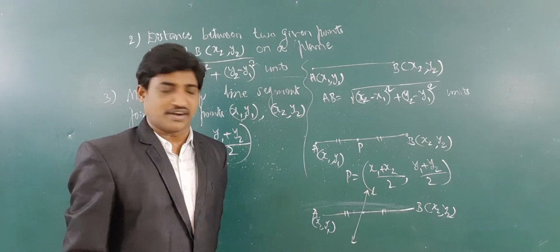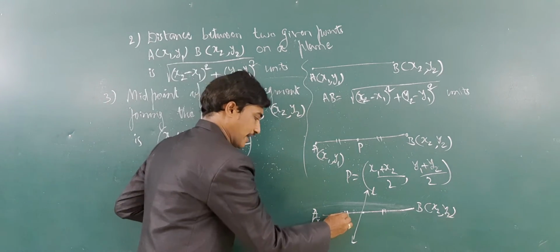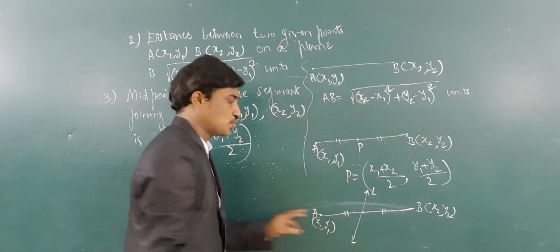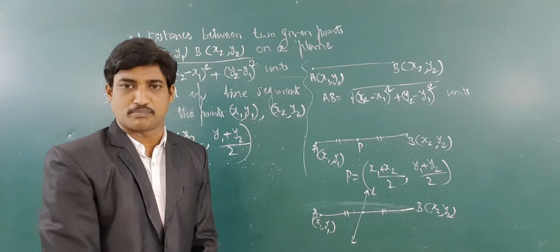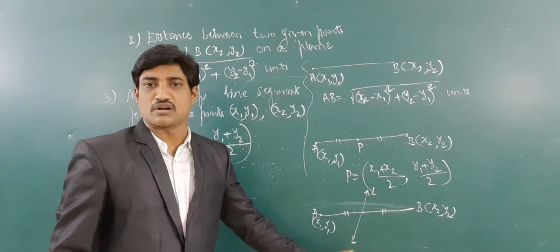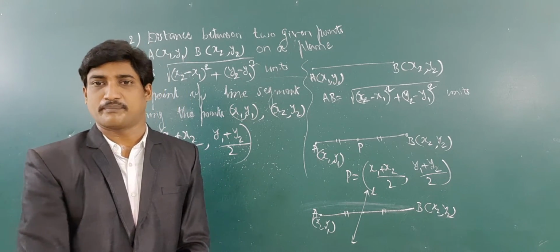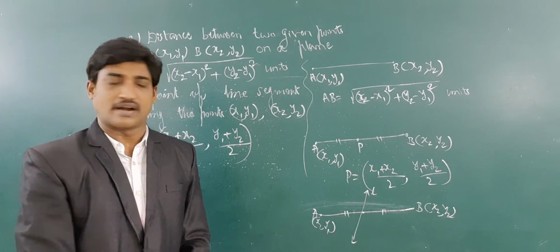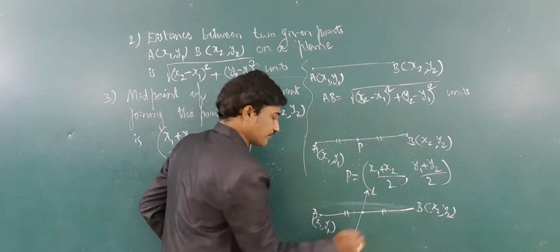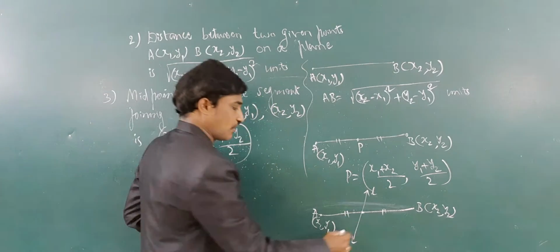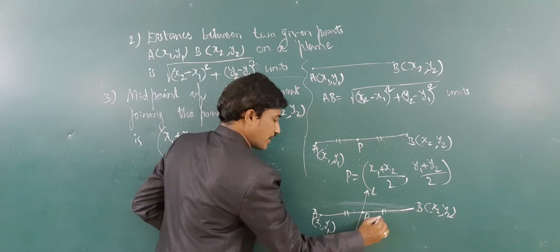If a line divides the given line segment into two congruent parts, two equal parts, then the line is called a bisecting line, bisector, and the dividing point is called the bisecting point.